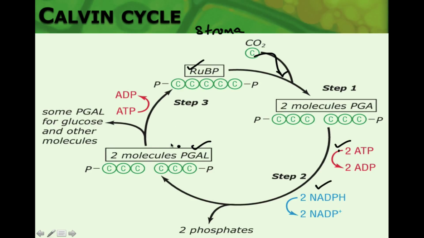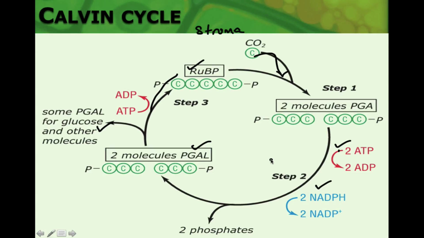So now this PGAL is then going to be used to make glucose or to make more of this RuBP. Remember, this is a circle here because we're showing that it's a cycle and it's constantly happening here. So the Calvin cycle produces sugar using the atoms from carbon dioxide, the energy from ATP, and the electrons and hydrogen ions provided by the NADPH.